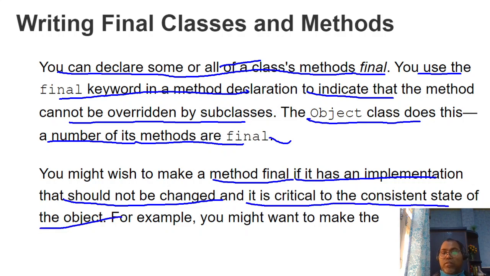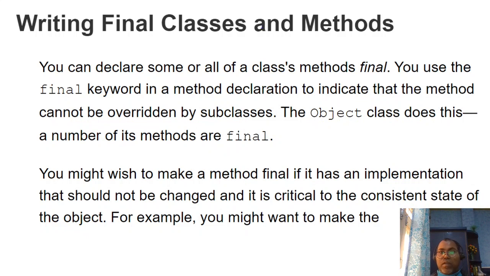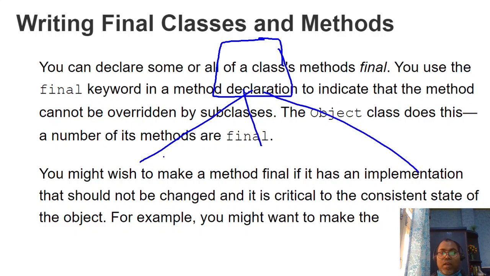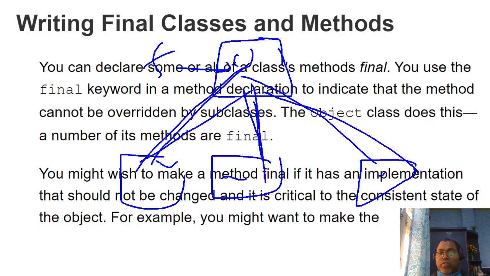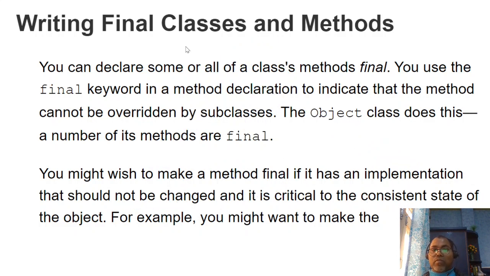The question is why we need this. Let's say this is my one class with multiple implementations, implementation 1, 2, 3, each giving different overridden methods, but I want the behavior of a function to be the same for all. So you write final so that none of the classes can override it, and the same behavior can be used. Sometimes you want one behavior to be consistent for all our subclasses, so you mark it as final so that no one can override it.